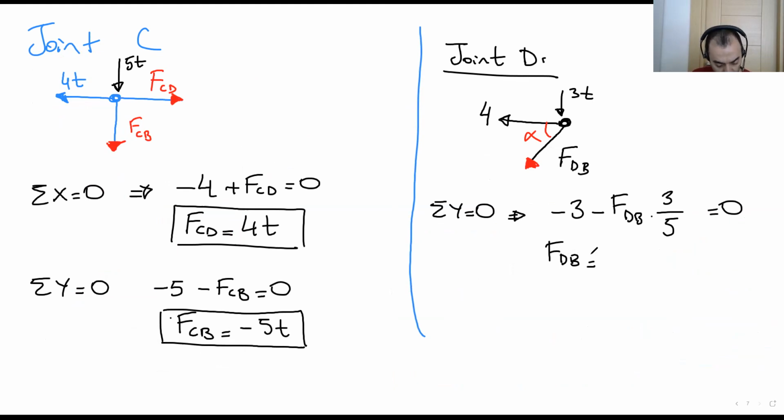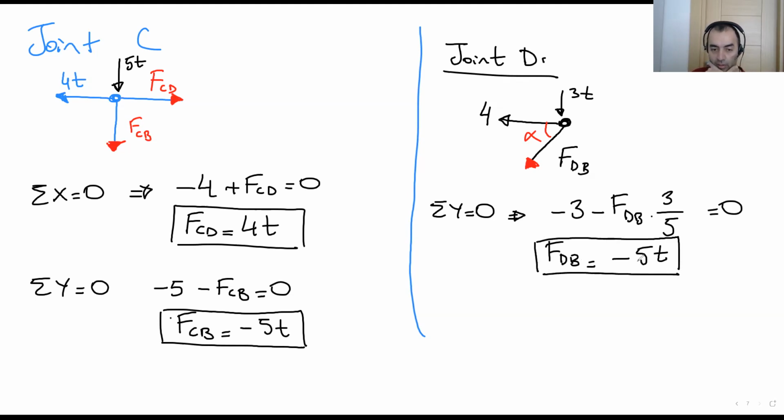Let me check it. Yes, it's -5 tons FDB. As you can see, there is only one unknown here.